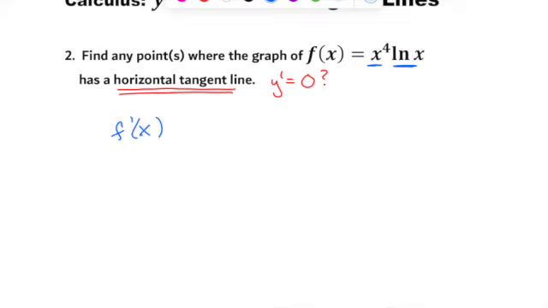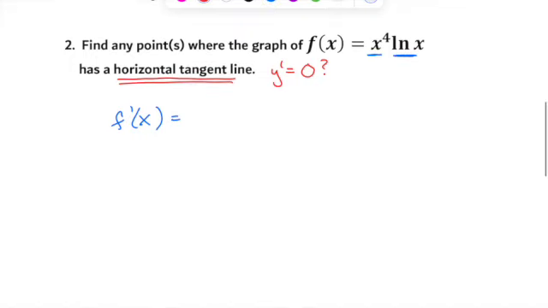This is a fairly straightforward product rule, but however you like to get that done, you have two functions to worry about. You have x to the 4th, and its derivative is 4x cubed. The other function is ln of x, and its derivative is a nice, simple 1 over x.